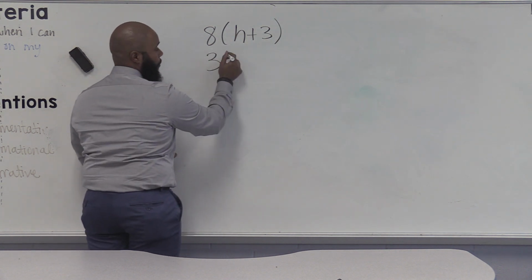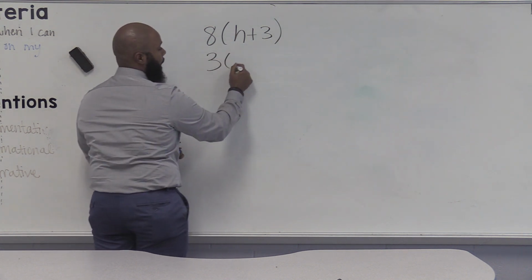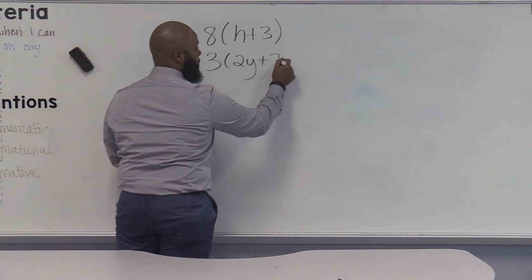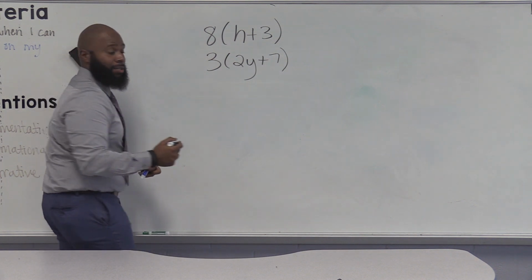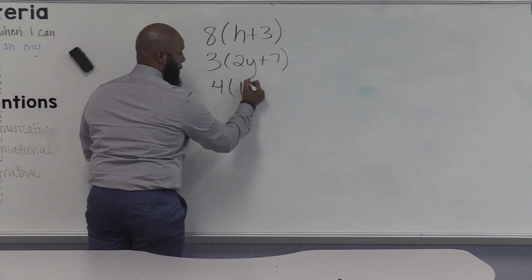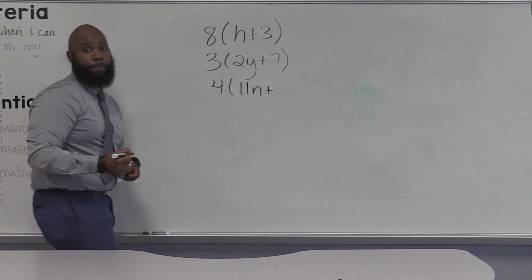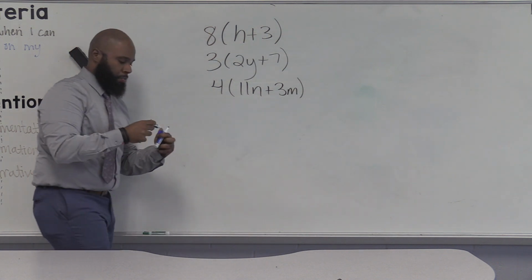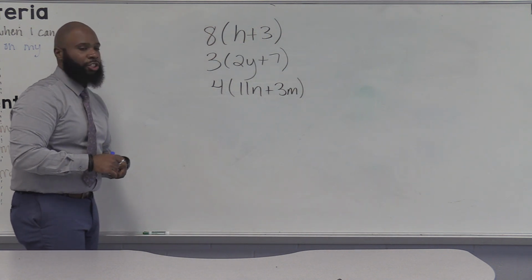Second one, 3 times 2y plus 7. And my last one is going to be 4 times 11n plus 3m. I'm going to give you a couple minutes to try to solve this.